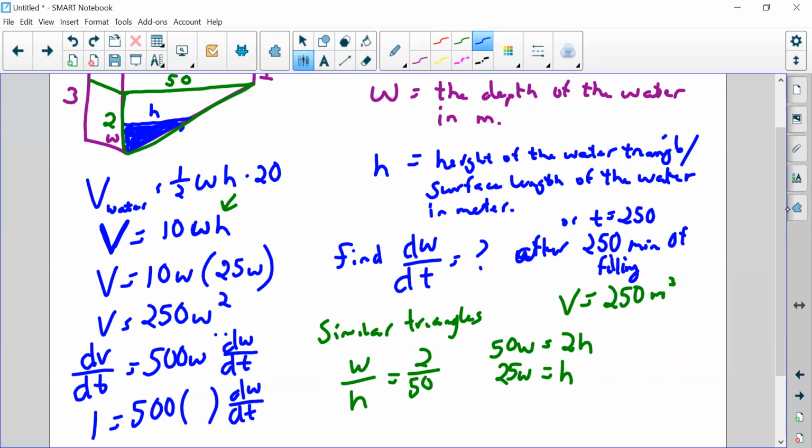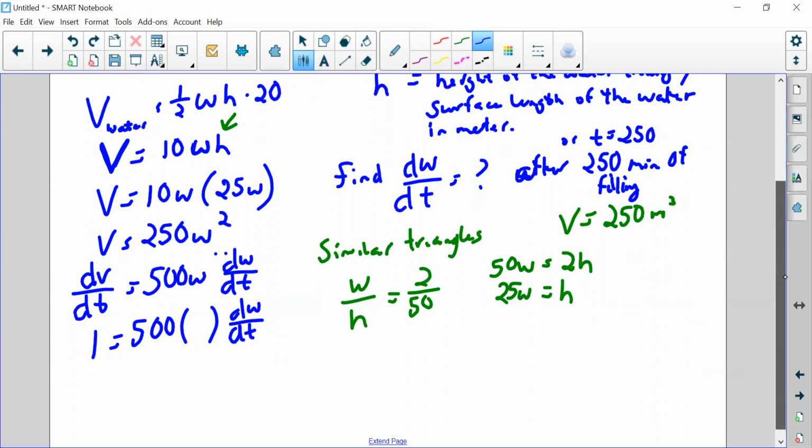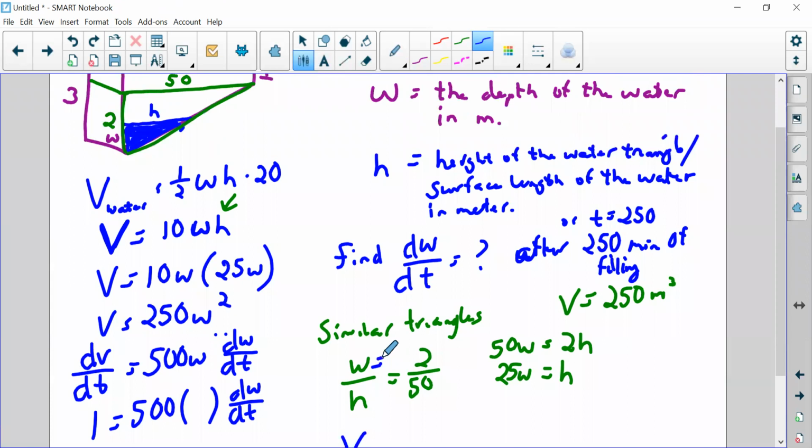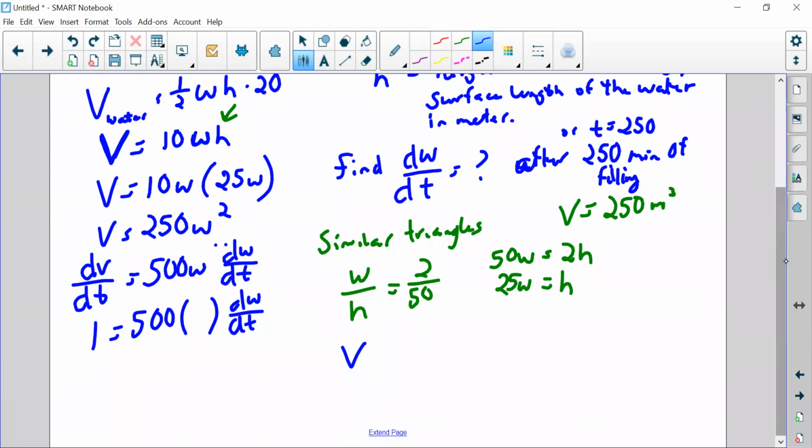Well, the volume for our water, we simplify that volume equation down to 250W squared, right? That was our volume of that water. Now, look at the given information. After 250 minutes of filling.